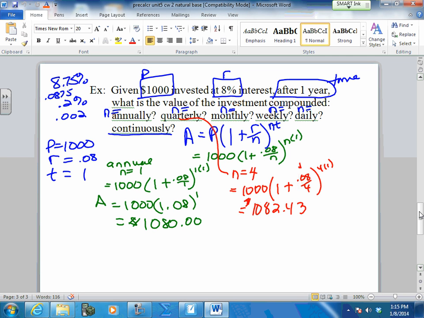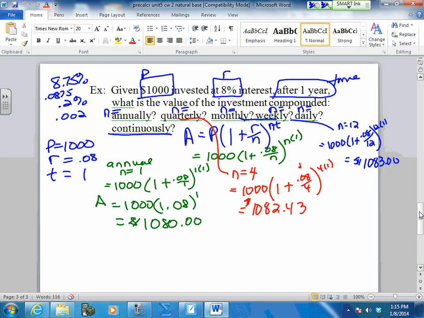Now, for monthly, how many months in a year? 12. So we're going to do N is equal to 12. So we're going to do this whole thing, and we're going to put a 12 in here. You got to put it in 2 places. Follow your formula. You put this in your calculator. Because we're on the monthly, 12 months in a year.